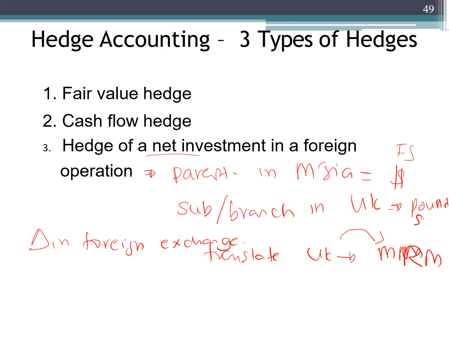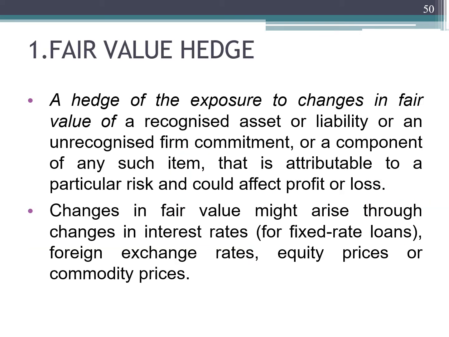So we are going to focus on these two: fair value hedging and cash flow hedging. The first one we look at is fair value hedging. A fair value hedge is a hedge of the exposure to changes in the fair value of a recognized asset or liability, or an unrecognized firm commitment, or any such item that is attributable to a particular risk and which could affect profit or loss.